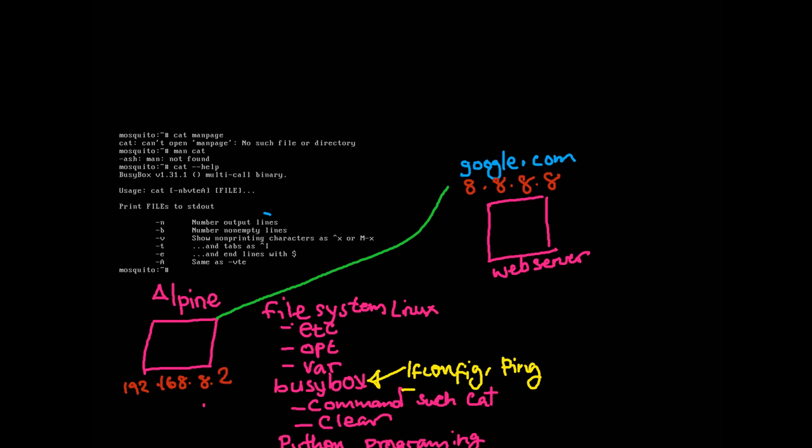Let's do the diagram a little bit better. In this diagram, this will be the cloud or the internet, www.